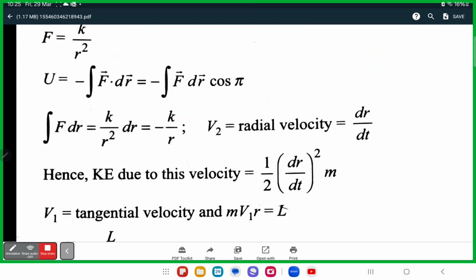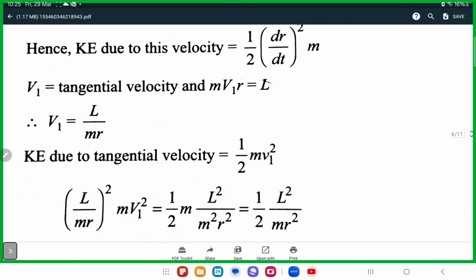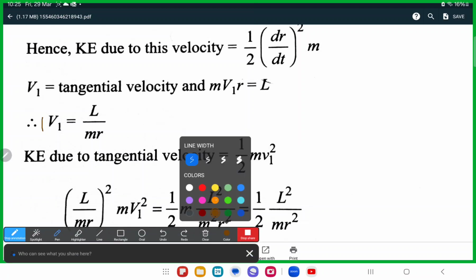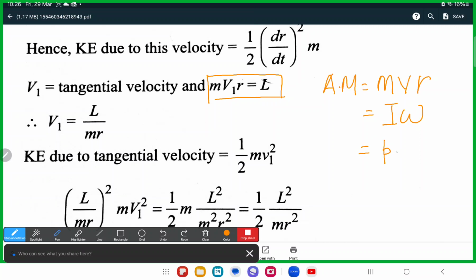Now the next important statement they have given is some angular momentum. As you know, the basic formula of angular momentum is mvr, or we can say I omega is also a form of it. Basically angular momentum is linear momentum multiplied by perpendicular distance.